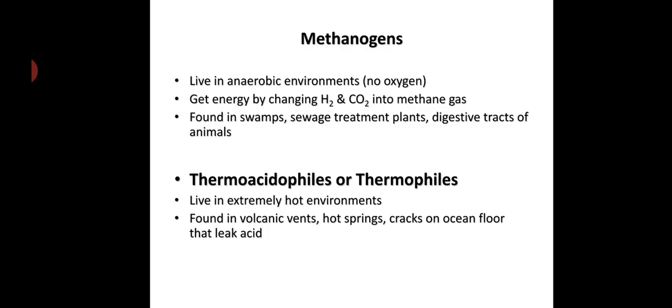Second group is thermoacidophiles. These are also called thermophiles. They live in extremely hot environments and they are found in volcanic vents, hot springs, cracks on the ocean floor that leak acids.